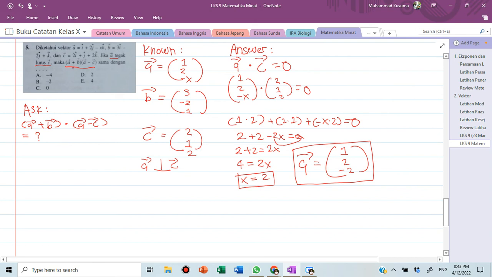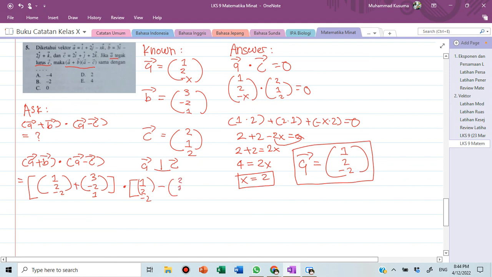Now we need to know the value of a plus b and a minus c. a plus b is the coordinate of a, (1, 2, -2), plus the coordinate of b, (3, -2, 1), dot a, (1, 2, -2), minus the coordinate of c, (2, 1, 2).